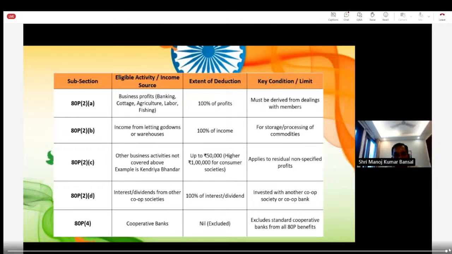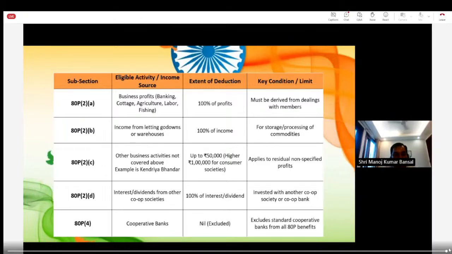And earlier was Super Bazaar also, which was a cooperative, but it could not function properly, so it was closed. There is a lot of scope for our cost accountant brothers to work in this sector. As I have just told you, there are more than 8 lakh societies working.